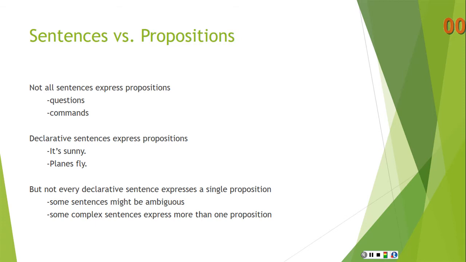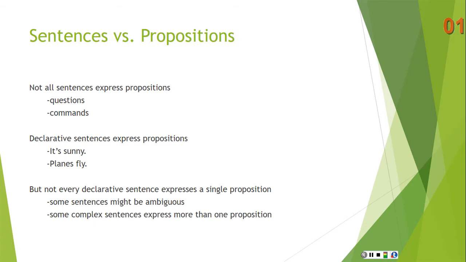Not all sentences express propositions, so there's a difference between a sentence and a proposition. A question does not express a proposition. How are you doing? That's neither true nor false. Commands, lock the door. That's neither true nor false. It's a sentence, but it's not a proposition.